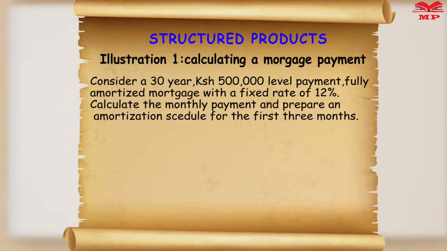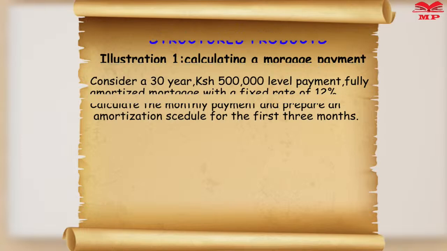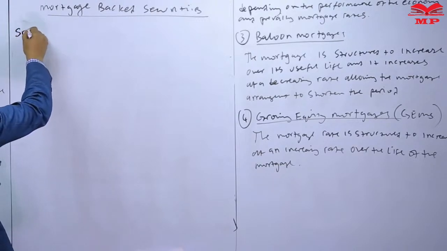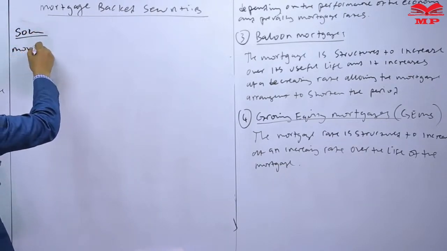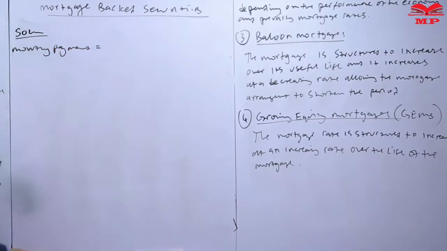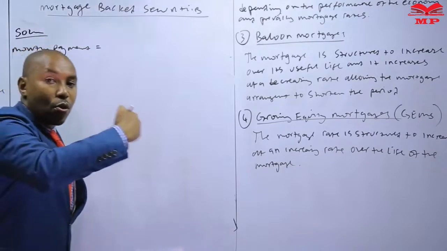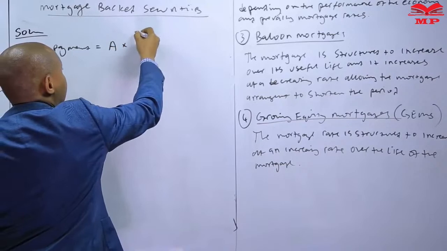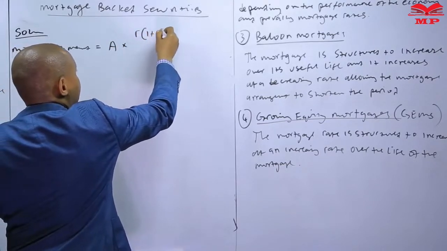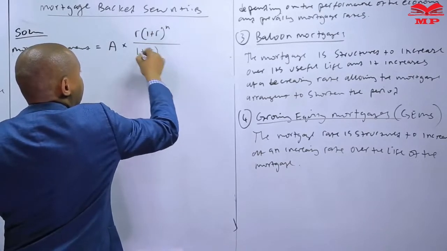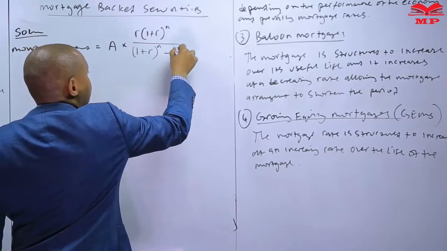So we need to first get to know how to compute the monthly payment. Solution: the monthly payment. How much are you expected to remove on a monthly basis? We have the formula A multiplied by R into (1 plus R) to the power N, over (1 plus R) to the power N minus 1.